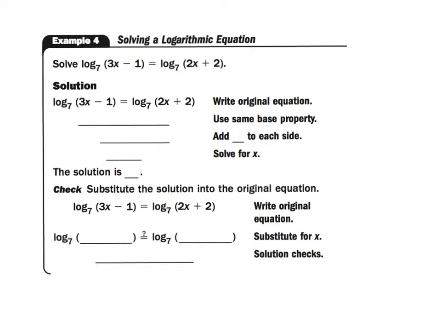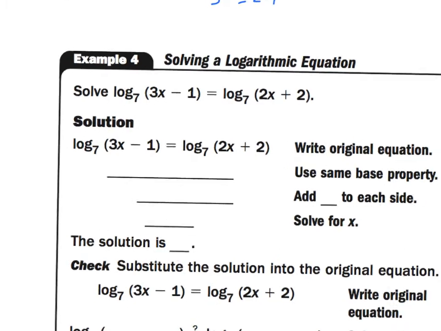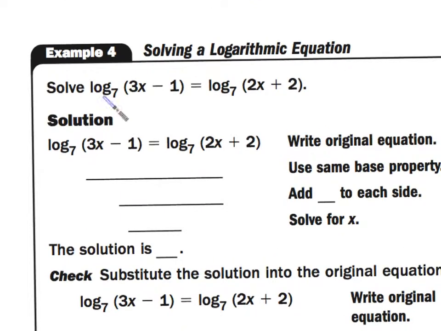All right, let's back up and go a little bit easier for a moment here. We are given this problem here. Solve log base 7 of (3x minus 1) equals log base 7 of (2x plus 2). So, being Sherlock Holmes that we are, we observe and not just see. We observe that these are exactly the same.